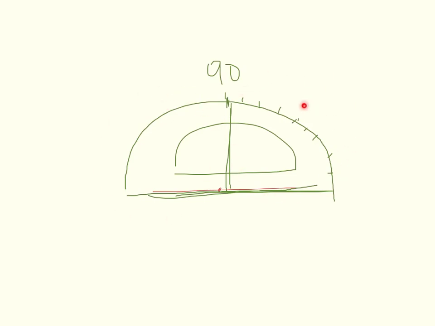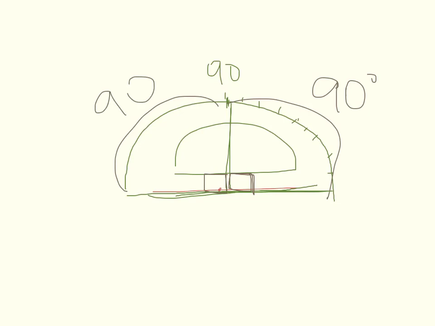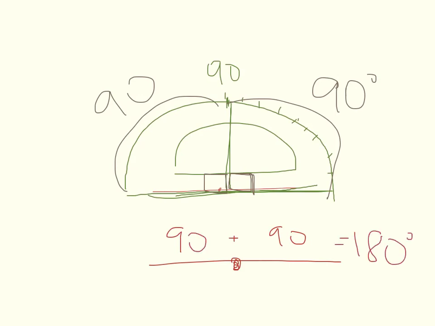Remember, this is exactly the same as this. Well, thinking about it, that's a right angle, and this is a right angle. So there is 90 degrees, and this is 90 degrees. So the straight red line angle that it gave us at the very beginning is actually 90 plus 90, and the line is 180 degrees.